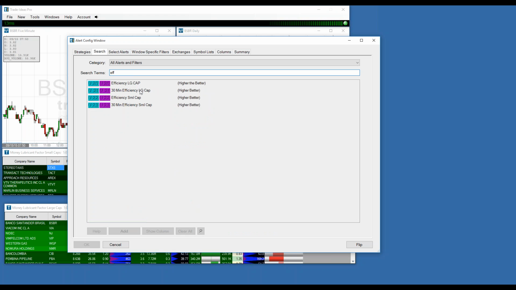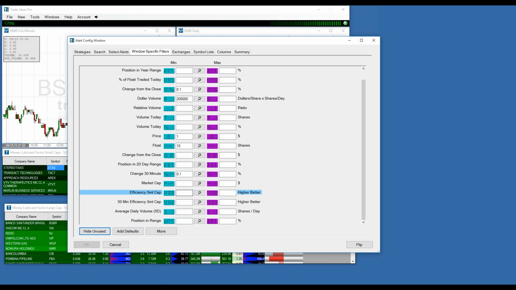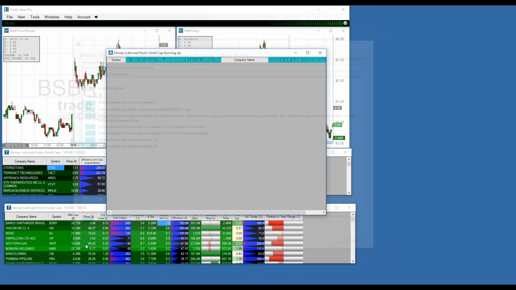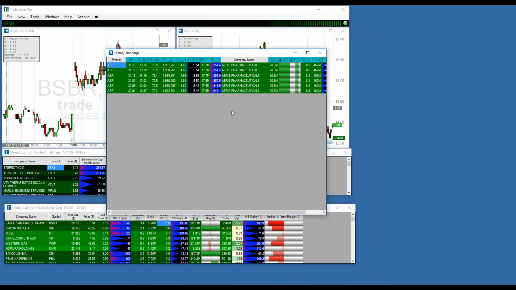It was on the other one, but it's really the efficiency that is the key for this one, I believe. So I'm going to say add filter, and I'm going to say something like 30. That's probably too high. It'll limit you a lot, but we'll see. Well, let's take a look.